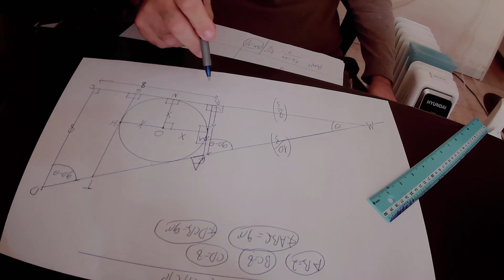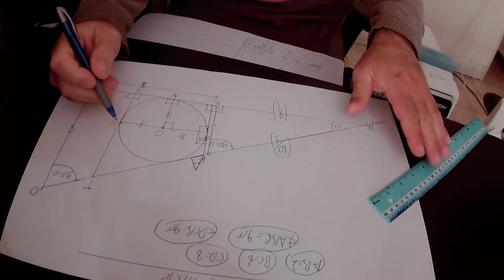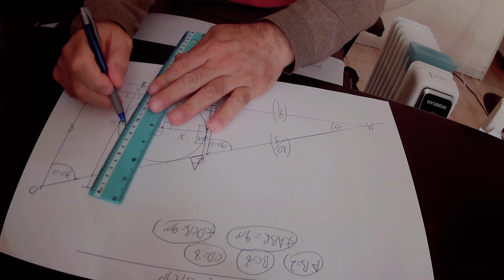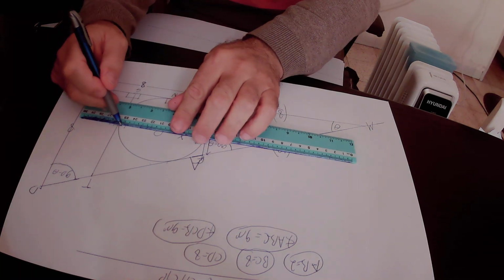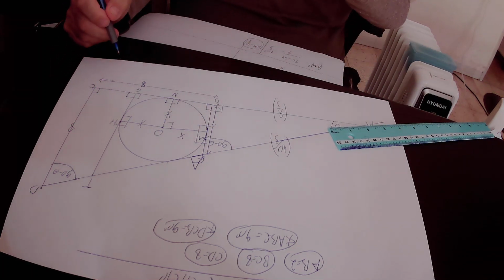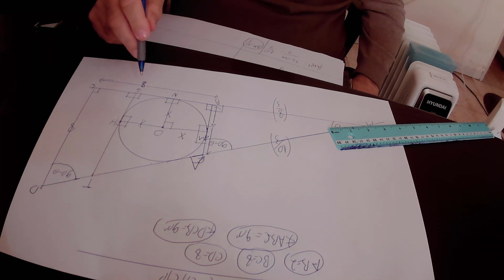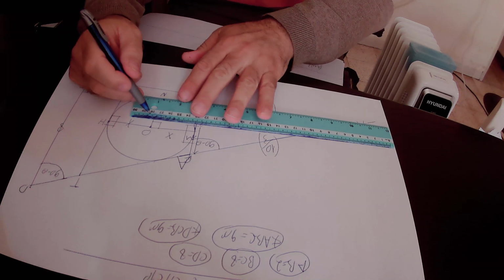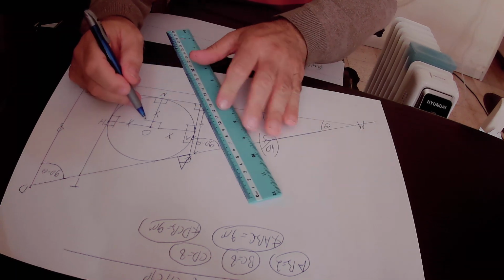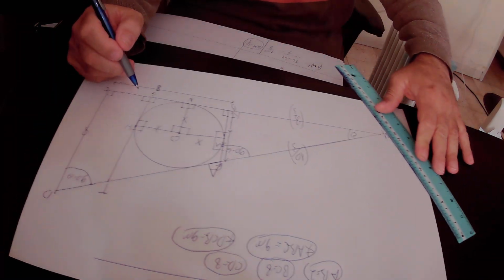And whenever you have a radius that is drawn to the point of tangency, then tangent TG will be perpendicular to the radius HO. If TG is perpendicular to HO, it means that this angle equals 90 degrees. This again equals 90 degrees according to rule number 1. So in quadrangle ONGH we have 1, 2, 3 right angles, therefore the fourth angle must be equal to 90 degrees, according to the rule that the sum of the angles in any quadrangle is equal to 360 degrees.